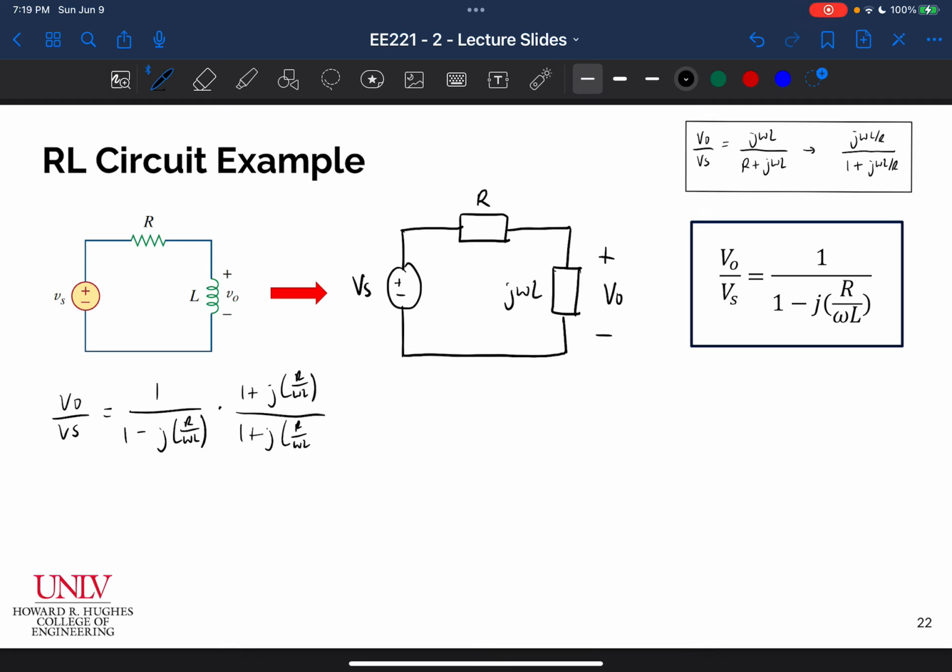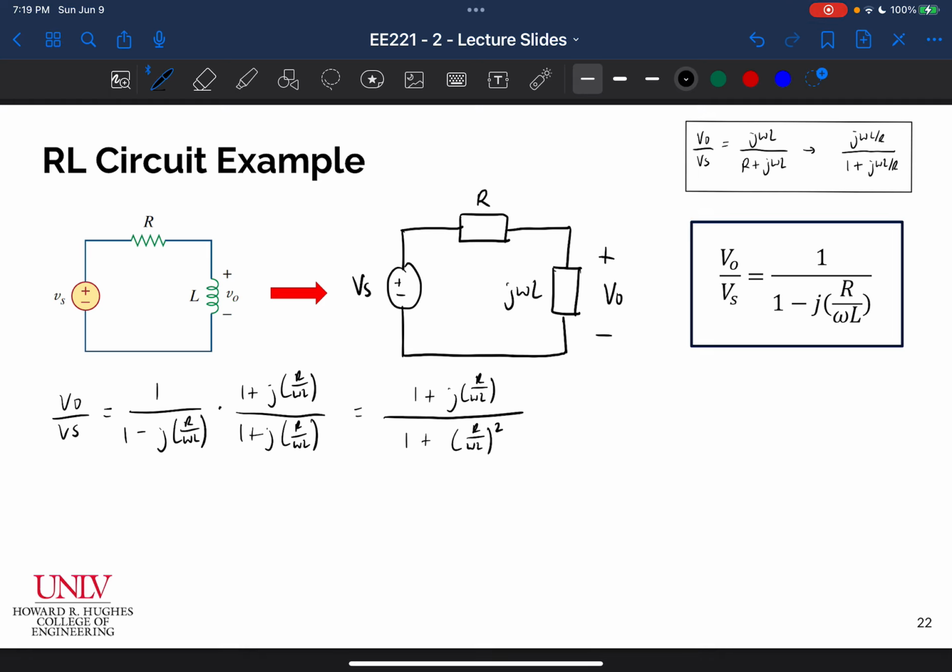That's our complex conjugate. And so what we get on the top is just 1 plus j times R over omega L. And then of course, I'm not going to do the FOIL again. Hopefully you can do it yourself by now. On the bottom, I'm just going to get 1 plus (R over omega L) squared.